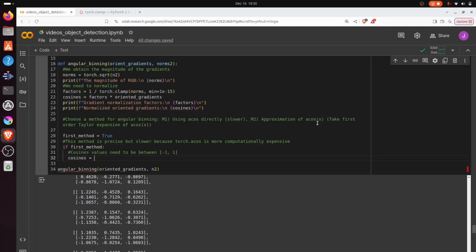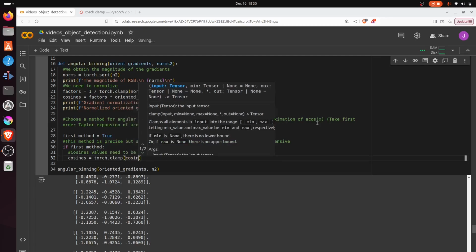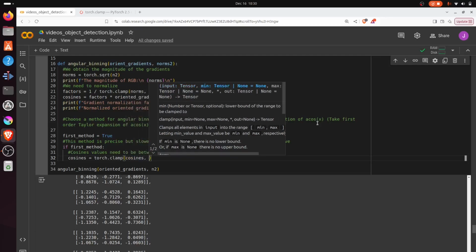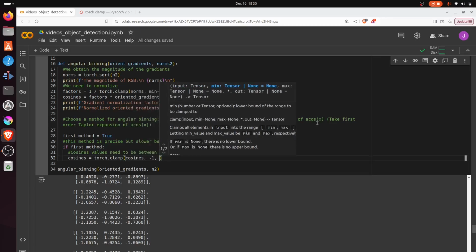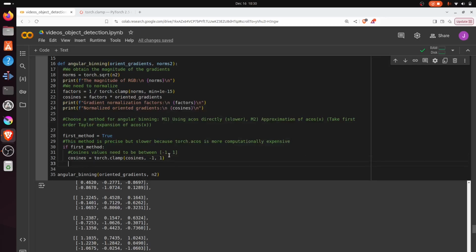Great. So let's pre-process our cosine data. We can do that with torch clamp. So cosines, and we're going to have -1 and 1, of course. Essentially we're going to get rid of values that are less than -1 and values that are above 1. Like that, we are ready to extract the angle.